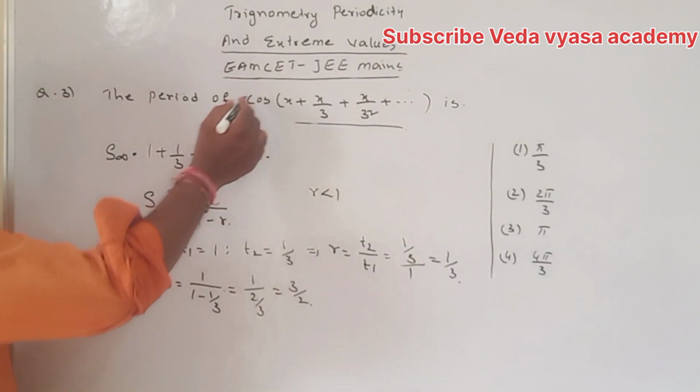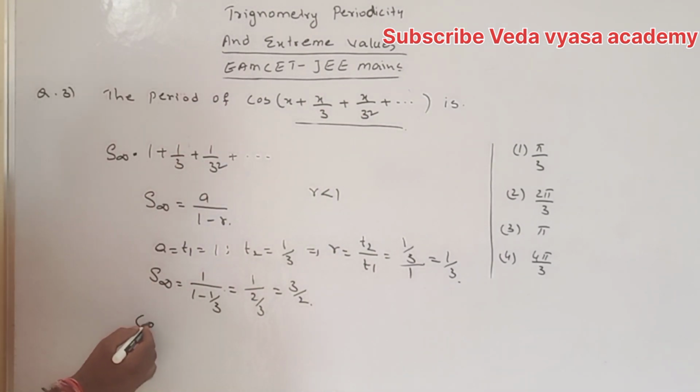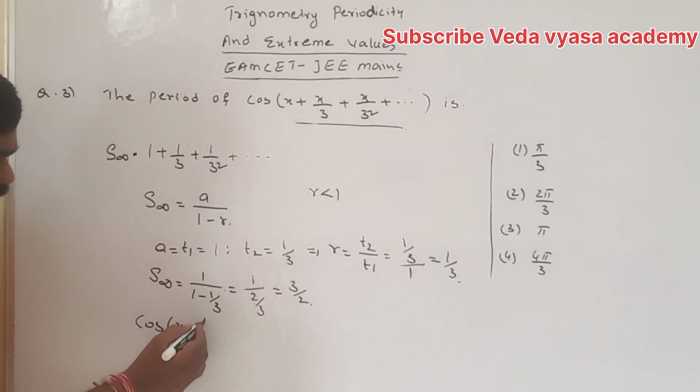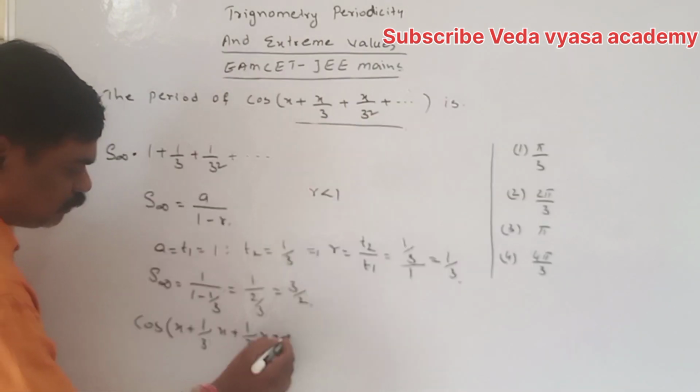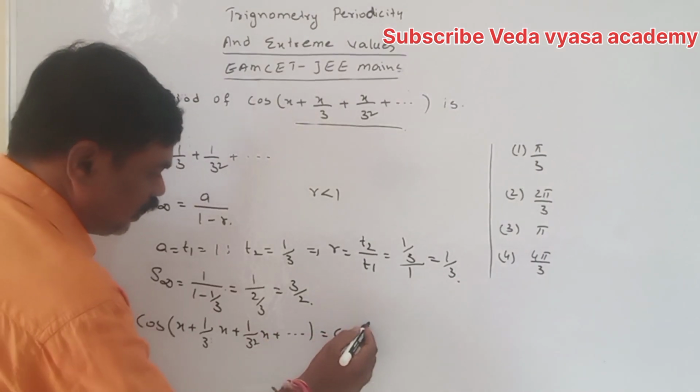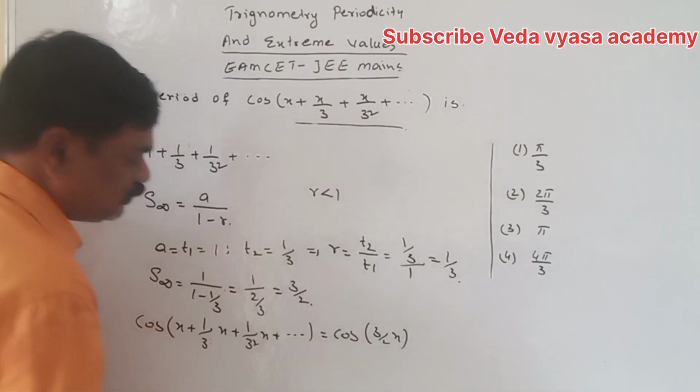So what can we write? This is cos of x plus 1 by 3 x plus 1 by 3 square x plus so on is equal to cos of 3 by 2 into x.